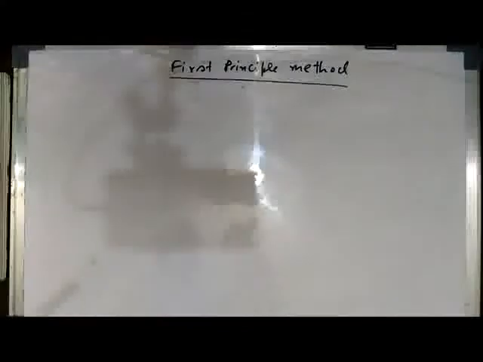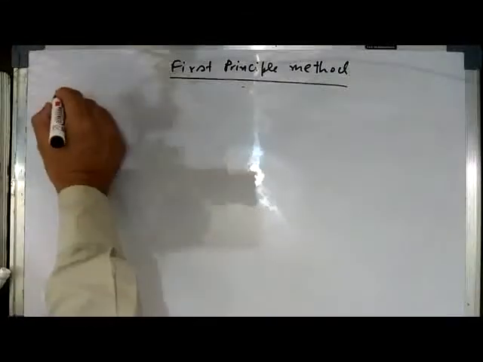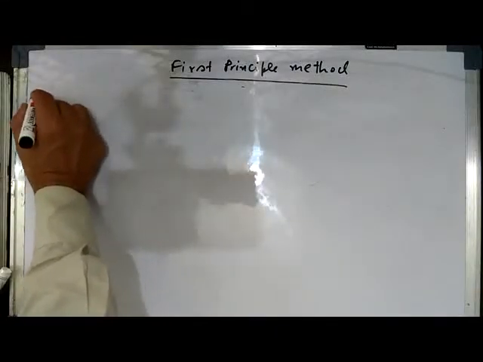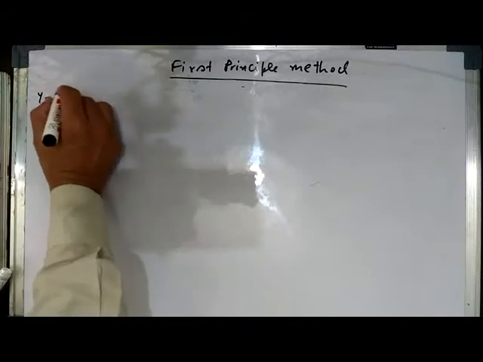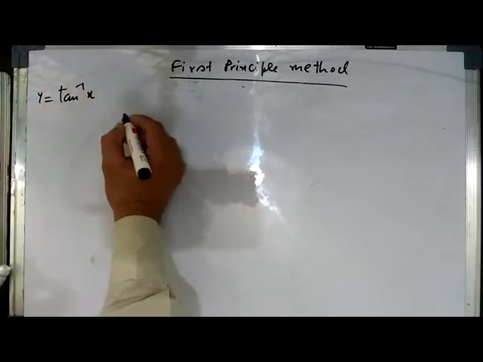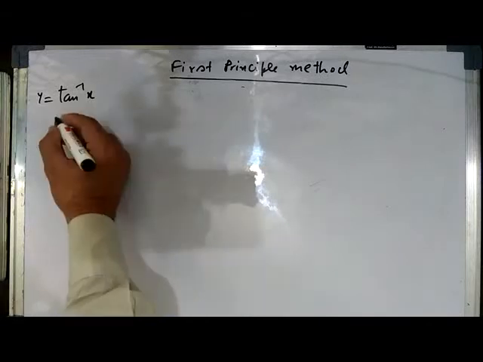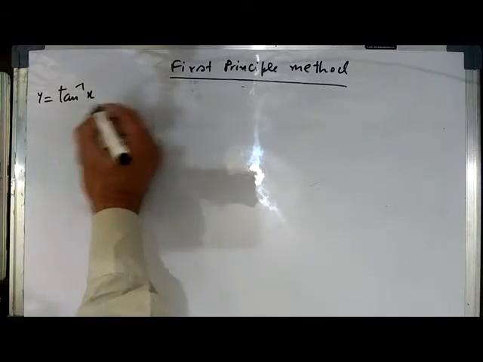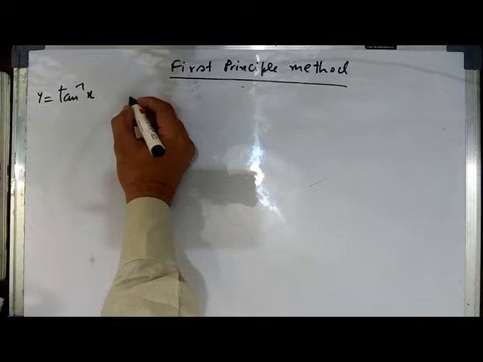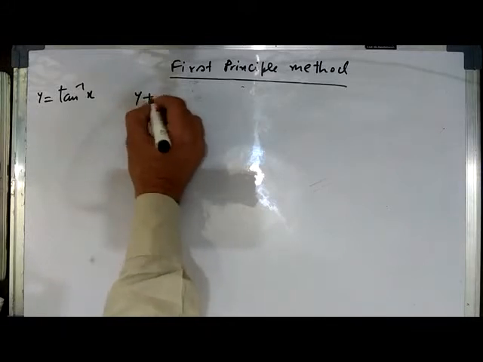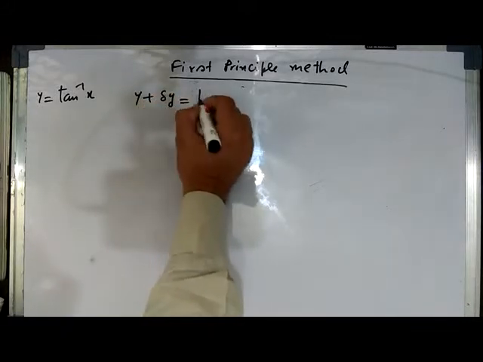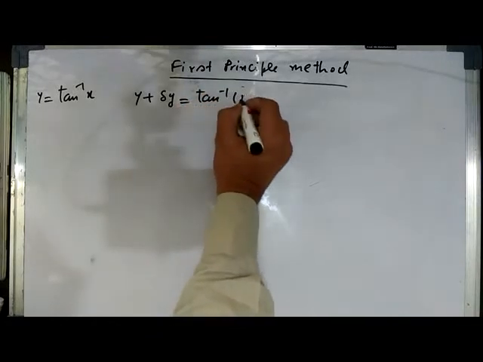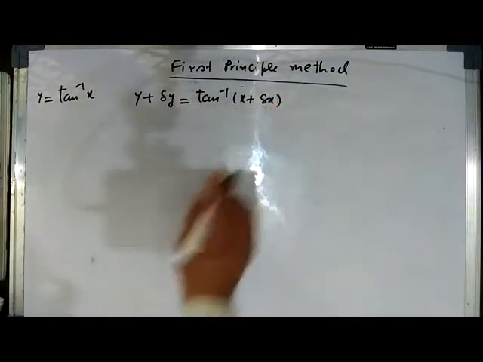See how it happens. Now to explain the differential of y equals tan inverse x with respect to x by the first principle method. Suppose it is any position along the curve at the point x, y, then in its neighborhood y plus delta y will be tan inverse of x plus delta x.